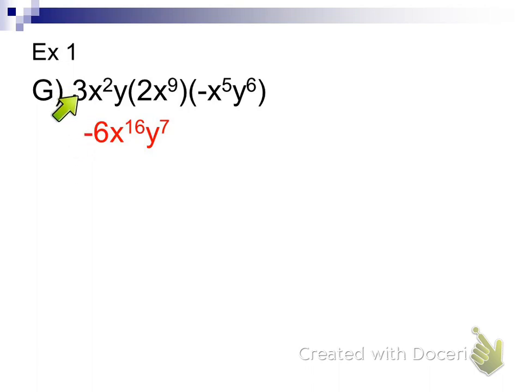So the way that we got that is 3 times 2 times negative 1. Negative 1 is your coefficient in the back. That's negative 6. We have x to the 2nd, x to the 9th, x to the 5th. So 2 plus 9 is 11, plus 5 is 16. And then y to the 1st, y to the 6th is y to the 7th. All right, here's H.